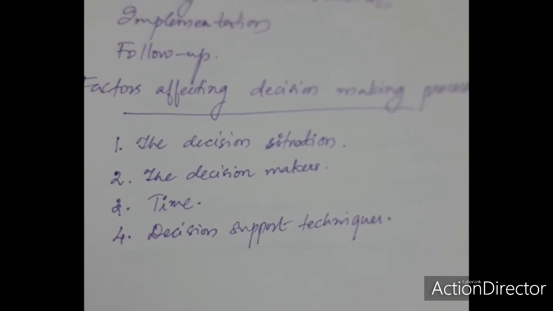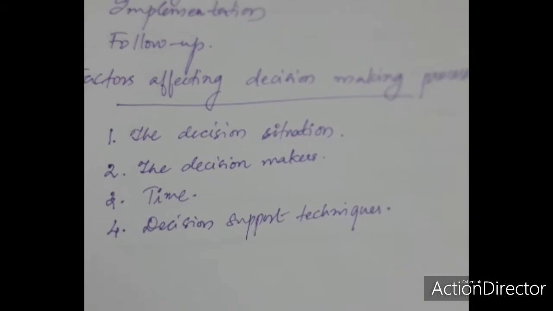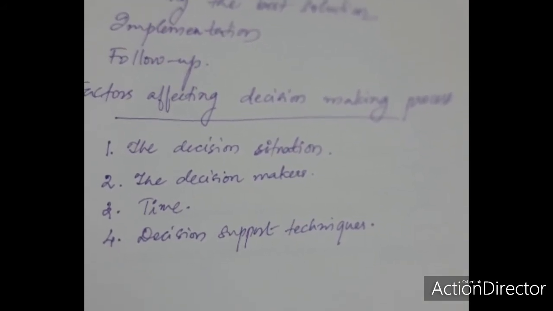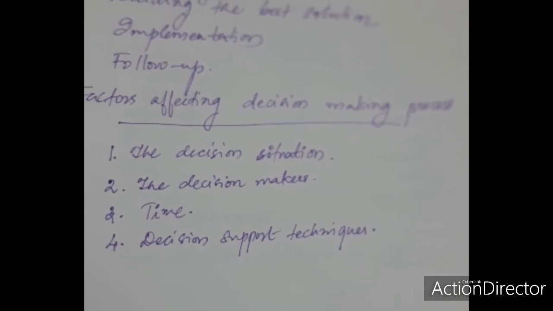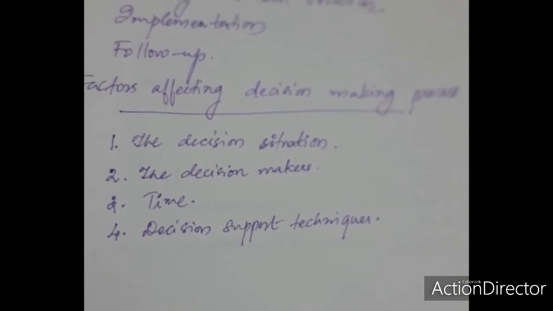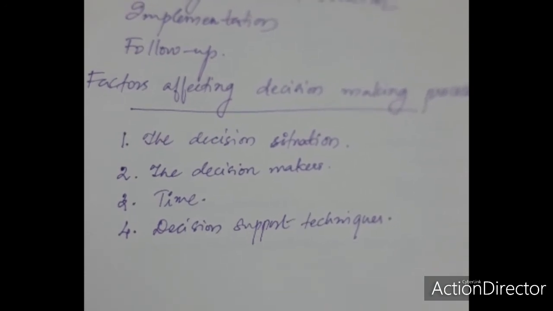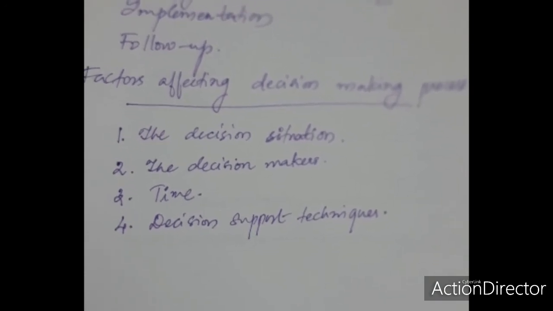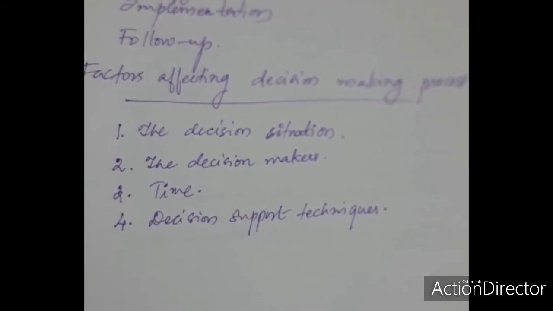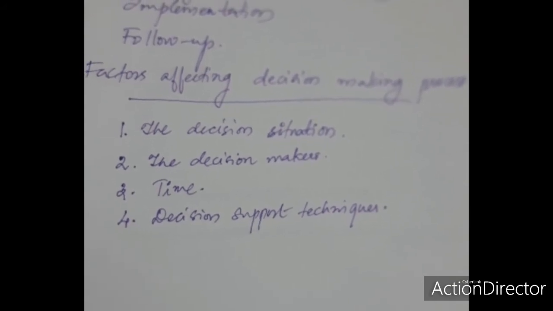It becomes an easy process when you take all these supporting techniques, or implement some easier tools for operating a situation. So the effectiveness of decision making depends on the use of the appropriate tool for the appropriate situation. That is, based on the situation, you have to adopt which tool or which theory you're going to set up for this decision making process. So it depends upon the situation. So that's the fourth factor, decision support techniques.